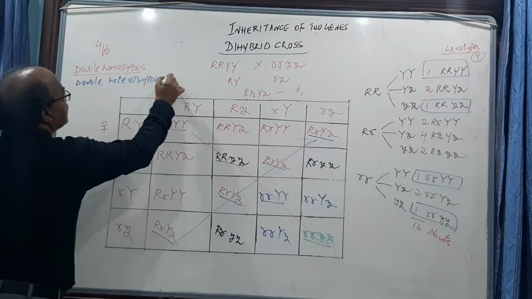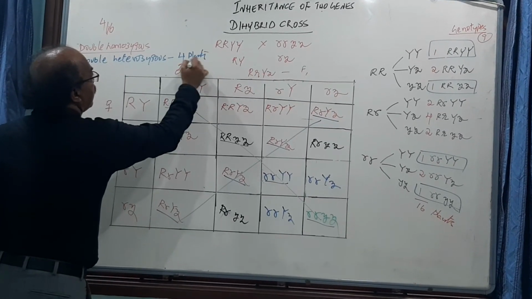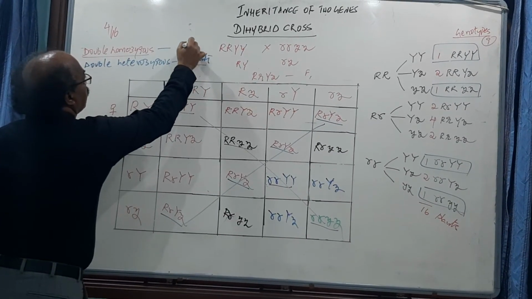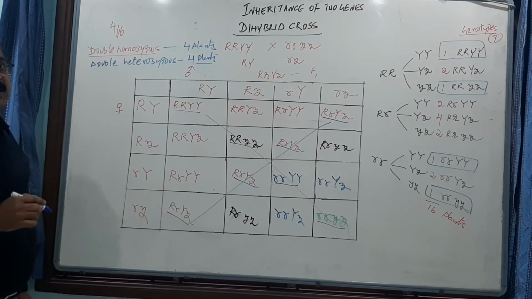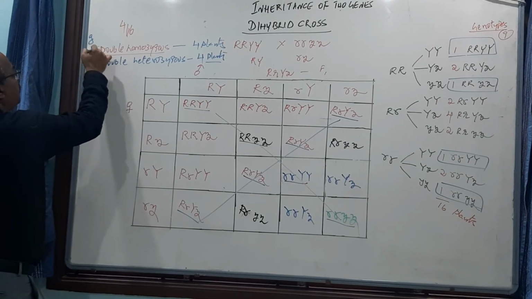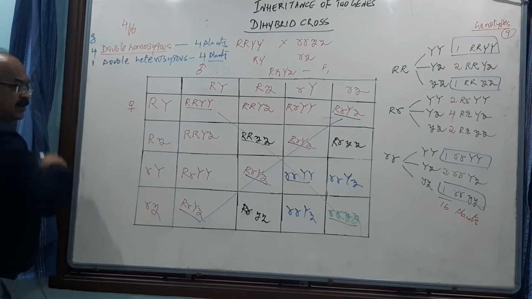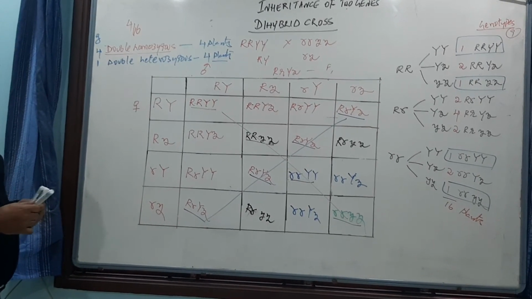Double heterozygous, 4 plants. Double homozygous 4 plants, double heterozygous 4 plants. But here, if you consider genotypes, it is 1 genotype only. Double heterozygous, only 1 genotype, 4 plants.